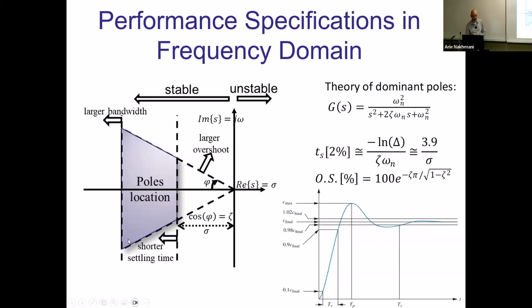And this defines some sort of trapezoid in the complex domain where you want your poles to be located. Okay, so if poles are located inside of that trapezoid, then you get both stability and performance, which means settling time, overshoot, rise time, and other things that people typically like in control systems.